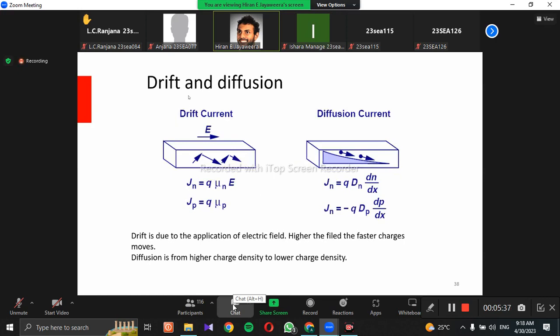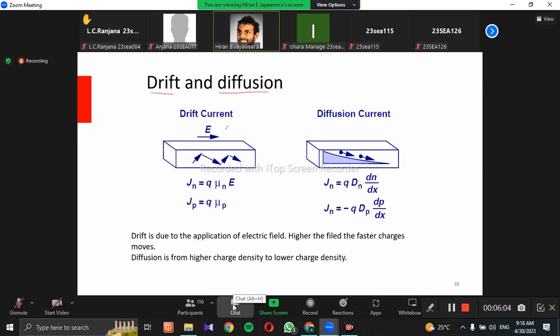Right. Now, when it comes to free charged particles, it could be free electrons, free holes, or some ions in a liquid form. Any free charged particle has two main mechanisms available for it to move.